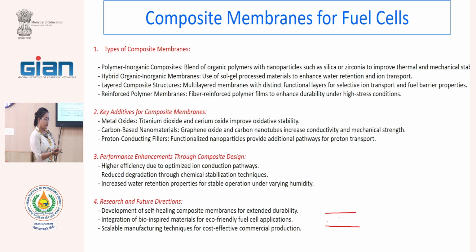And you can have a layered composite structure, with different layers of different functionality, or a reinforced one, with inorganic material decorated into a polymeric matrix. Some of the very popular additives are metal oxides. Metal oxides improve stability, as they prevent the collapsing of water channels.